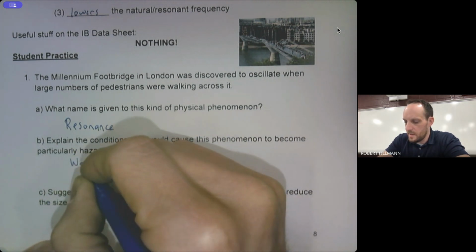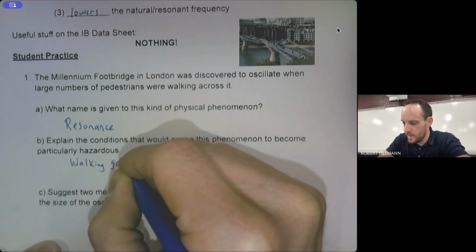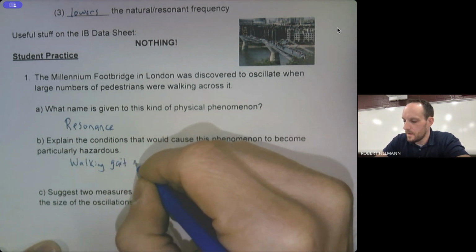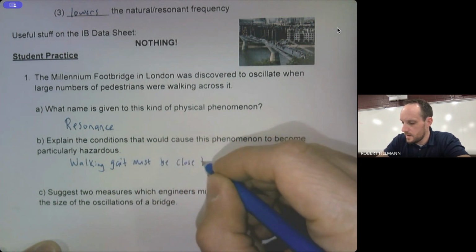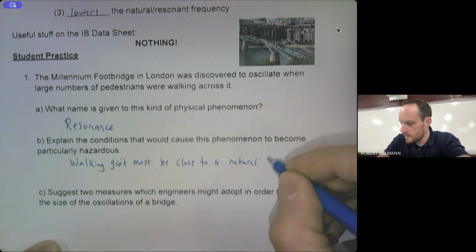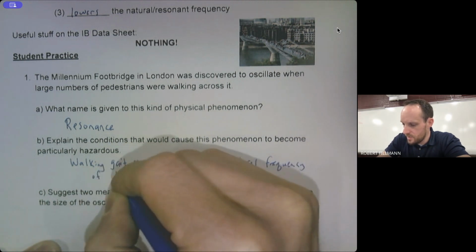So we could say that it must be because the walking gait, meaning the rate at which people's feet fall on the bridge, must be close to a natural frequency of the bridge.